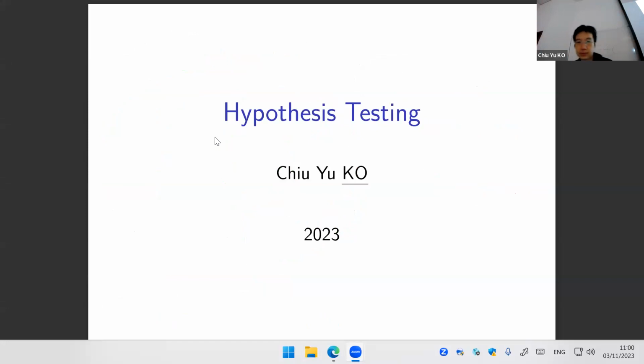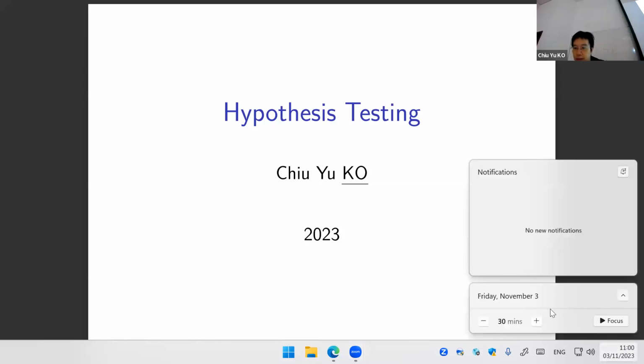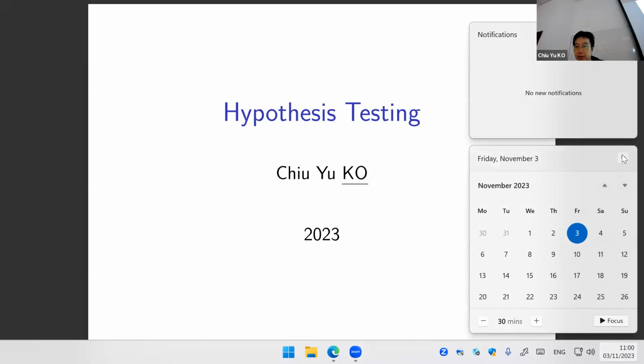Oh, by the way, some people asked me about the R Studio thing. The R programming optional tutorial will be during the makeup period, in December. I will put it there.